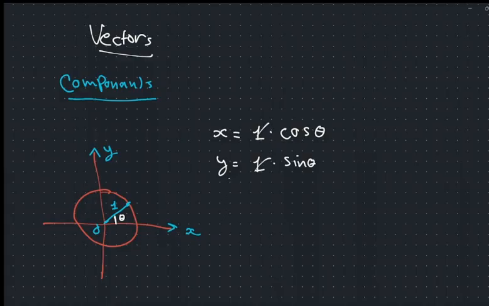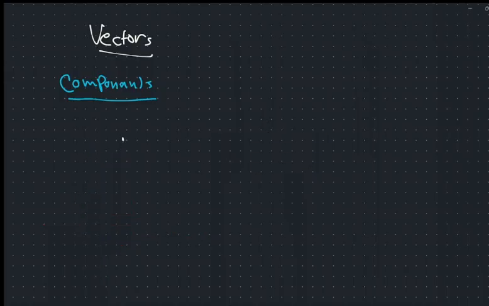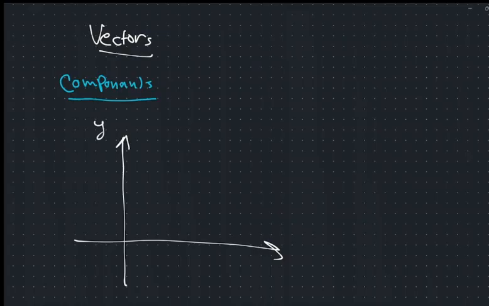Same thing is with the vectors. So let's do it with vectors. We have this coordinate system and we have some vector A, and it's equal to 8 units, for example, and it makes an angle of 30 degrees with the x-axis.